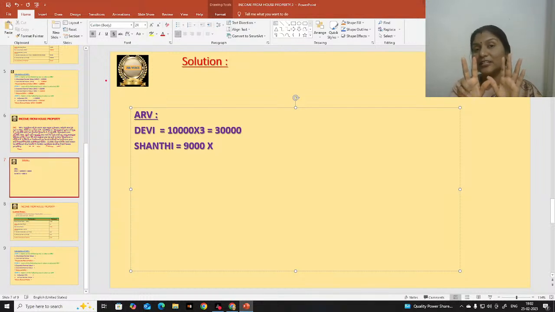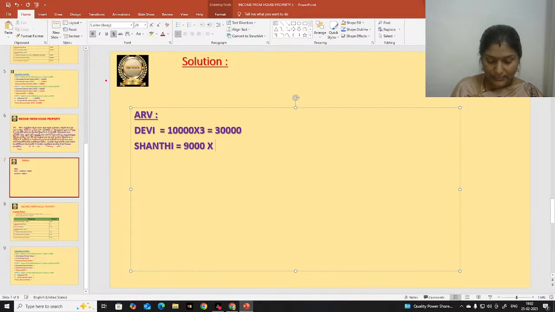Because our previous year is 1st April 2023 and ends on 31st March 2024, a 12 months period. Out of the 12 months, first 4 months Devi stayed in the house, but she could not pay July month rent. Only 3 months rent received by assessee. Next, from August onwards, that house is given on rental basis to Shanti. So from August till 31st March 2024, 8 months rent our assessee is receiving from Shanti.